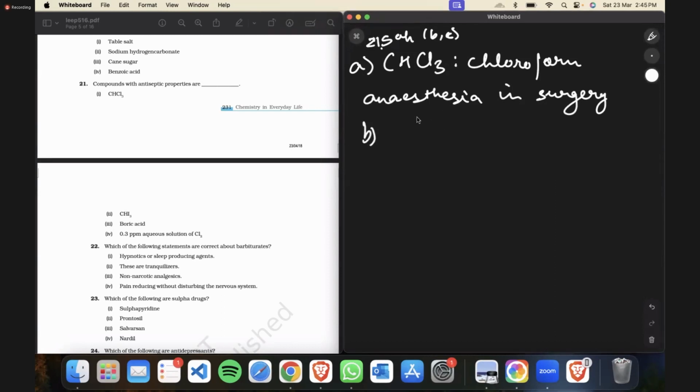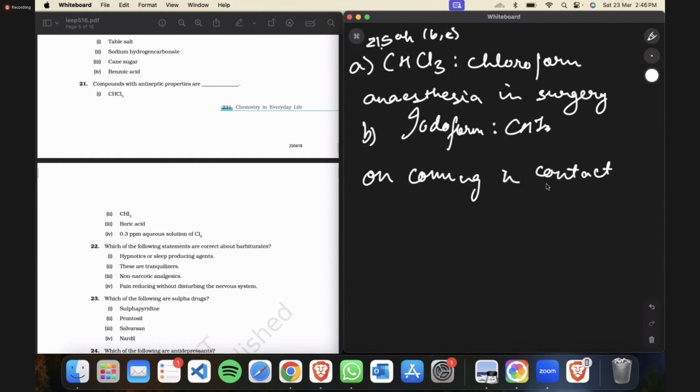Number B, iodoform, CHI3. On coming in contact with skin, it reduces iodine.